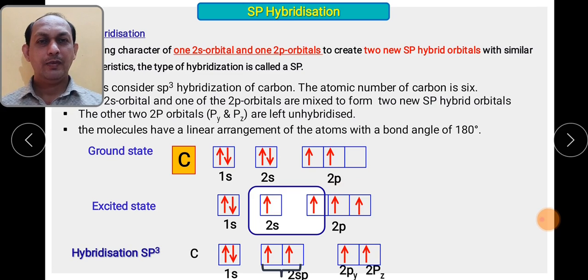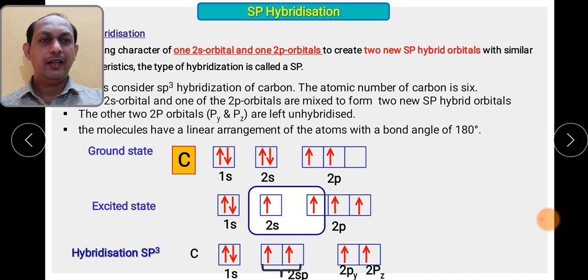In sp hybridization, there is mixing of one 2s and one 2p orbital to form two new sp hybrid orbitals which have equivalent energy. These are the two new hybrid orbitals which are formed, called sp hybrid orbitals.